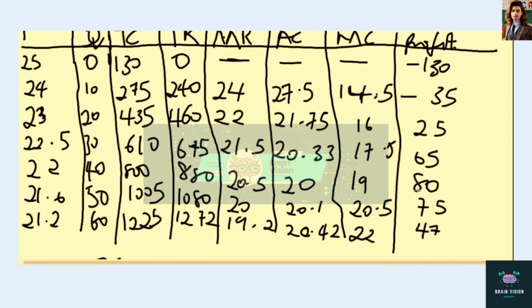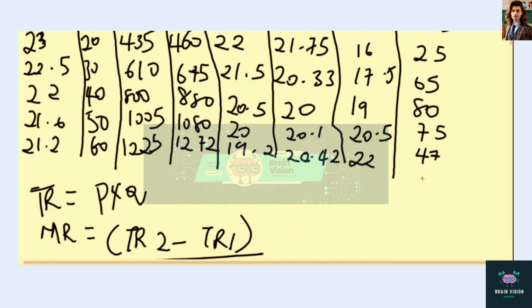The profit is maximum at $80. If you trace the $80 to the quantity, we have 40 treatments provided by the firm when profit is at maximum.